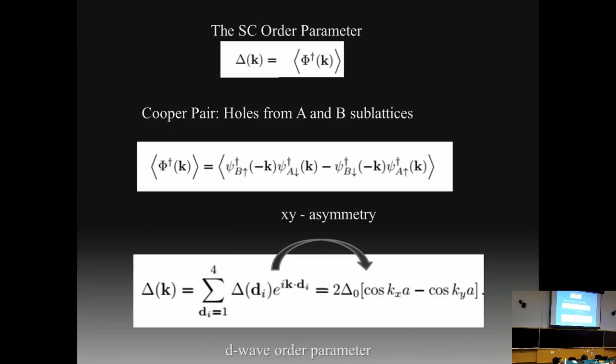So the superconducting order parameter, again, is the expectation value of this. If we use the equations of motion, we get this. And delta of k can be written as a Fourier transform in this way. And if we use the xy symmetry, we have this d-wave order parameter.